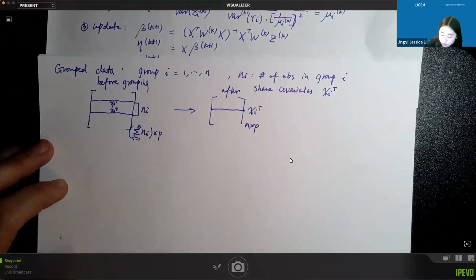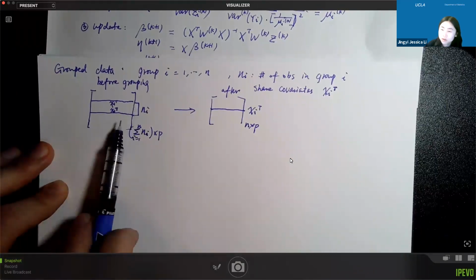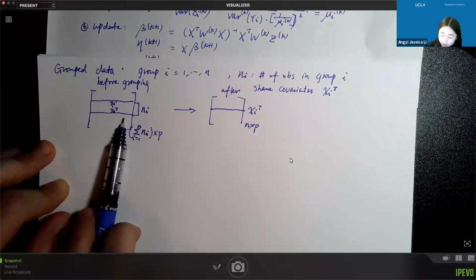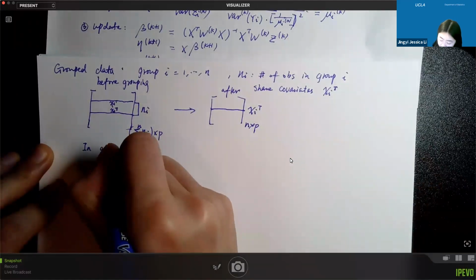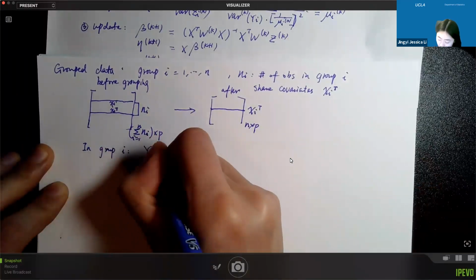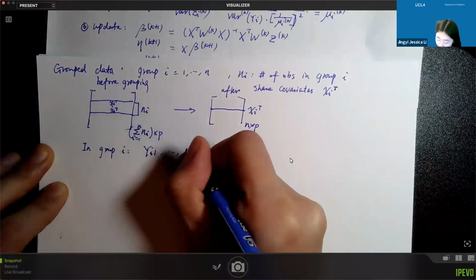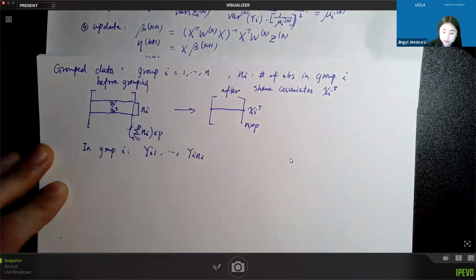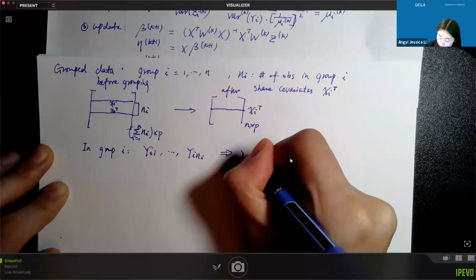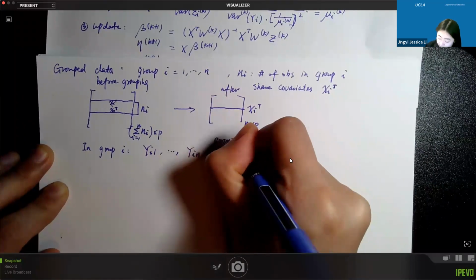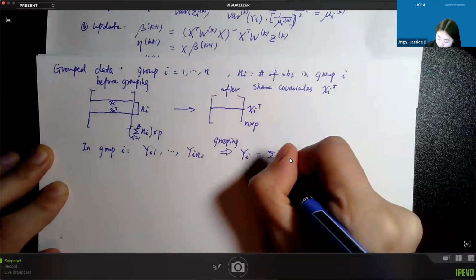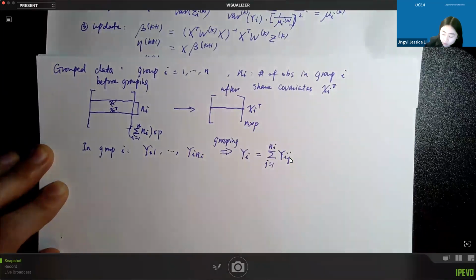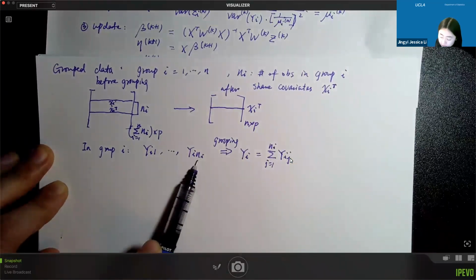Then correspondingly, I need to group my responses. In group i, I write the responses as y_i1 to y_i,n_i, a total of n_i observations. After grouping, I'm going to take the summation, just add them up, call it y_i, the sum of y_ij, j from 1 to n_i.